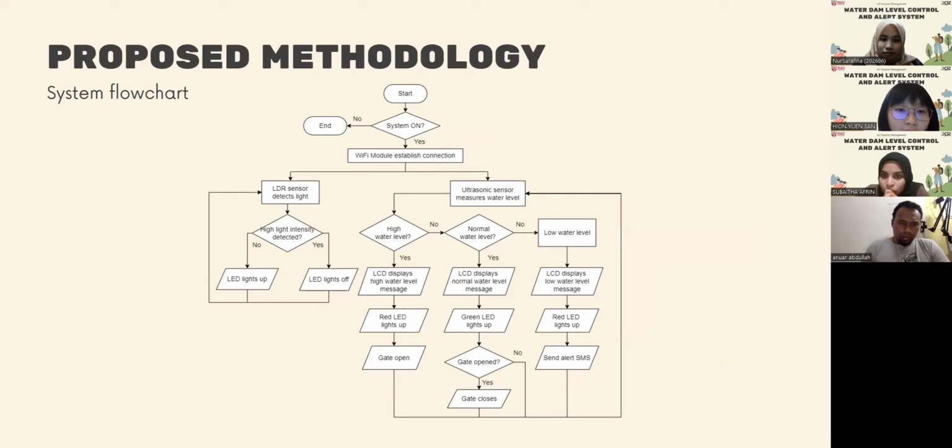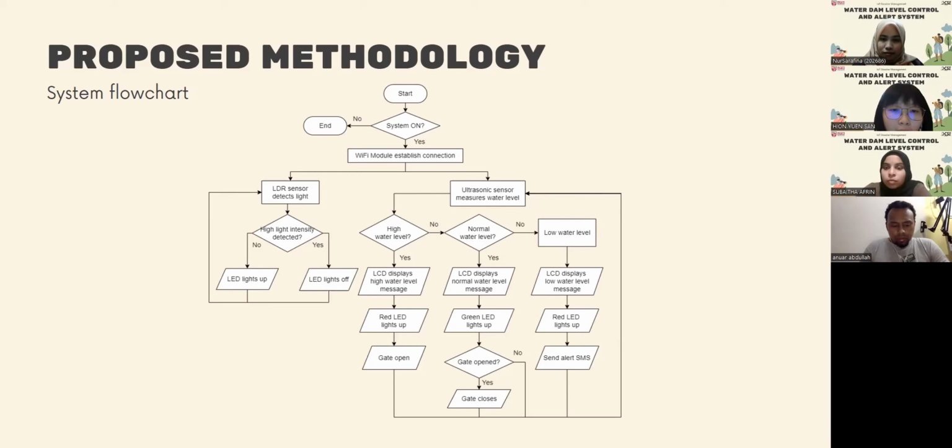The light intensity level is calculated, and if the light intensity is low, the LED lights up, and if it is high, the LED lights off. And for the constant water level monitoring system, the ultrasonic sensor measures water level.